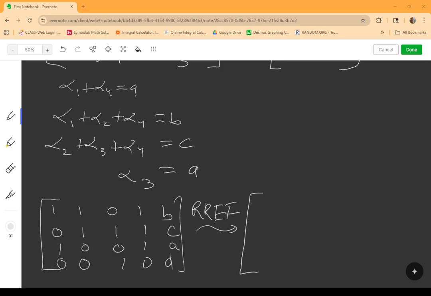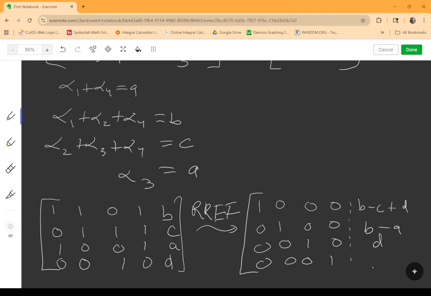You can do the same operations, you just have symbolic representation of numbers, being B, C, A, and D. But in the end, I wound up with this augmented matrix. Wound up with B minus C plus D, B minus A, D, and then A minus B plus C minus D.